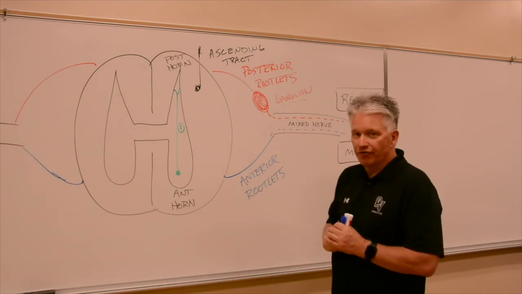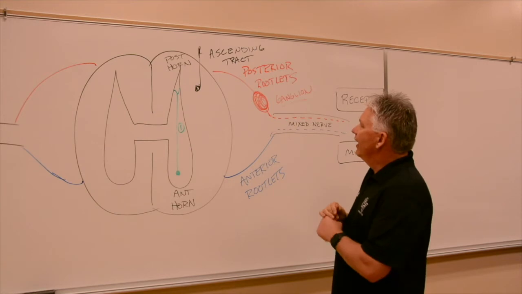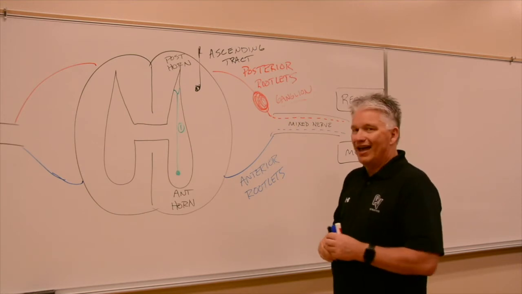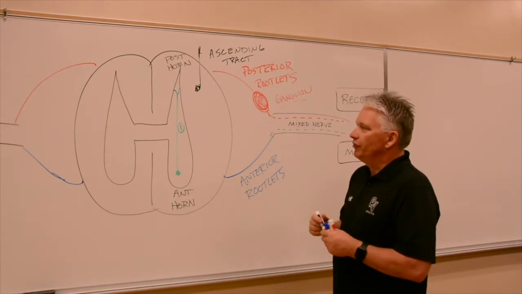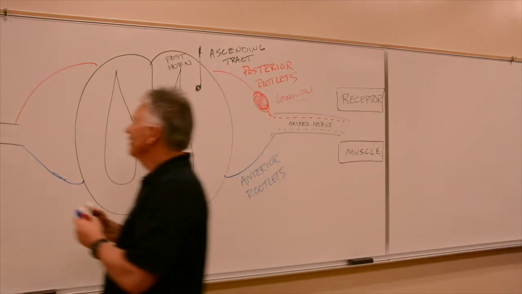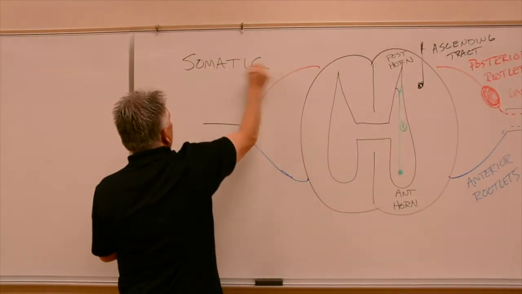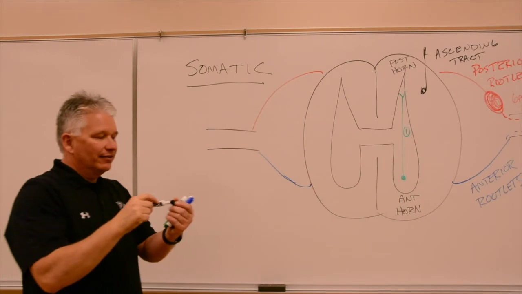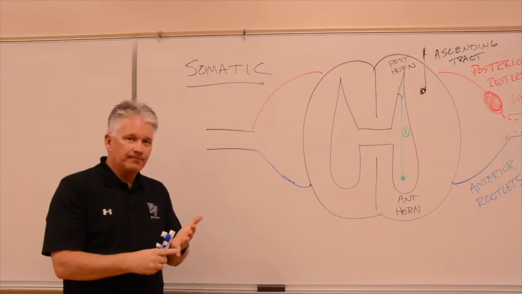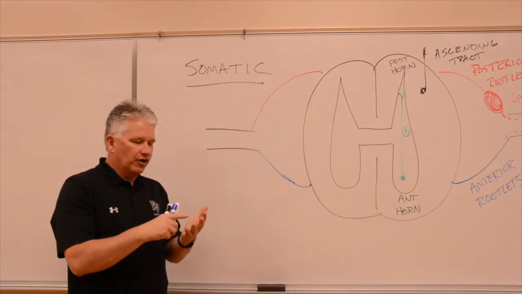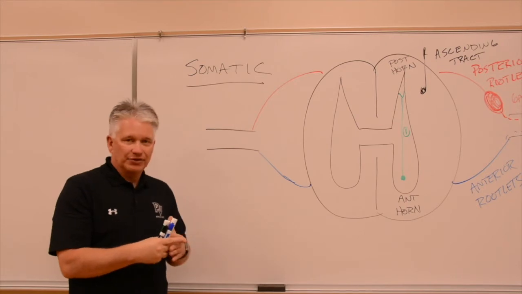Now, there's a group of reflexes that we want to specifically talk about, and those are what we refer to as somatic reflexes. So, if you remember, if we refer to somatic sensory, that's information that we're getting from skin, information from muscles, tendons, or our joint capsules.